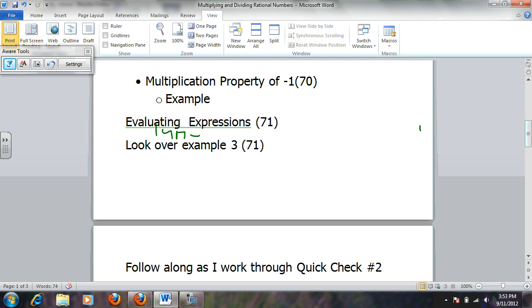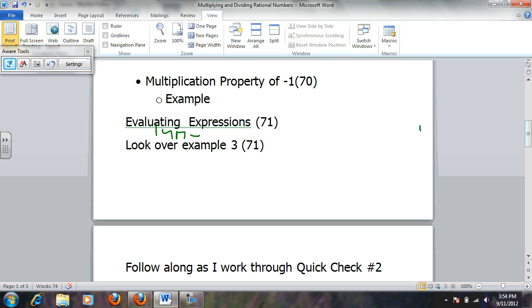What is the change in temperature? They show you the work there. The answer, the change in temperature, is negative 44 degrees Fahrenheit, which means that the temperature fell 44 degrees.